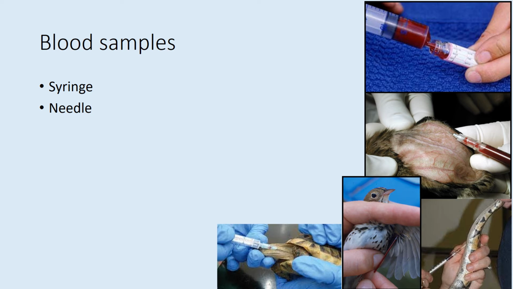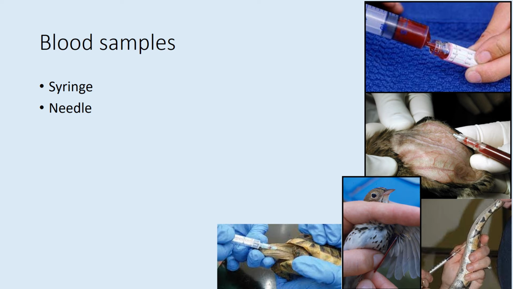Now, for blood samples, the main equipment that you're going to need is a syringe and needle, which sounds obvious, but the main thing is that the syringe and needle need to be of the appropriate size.